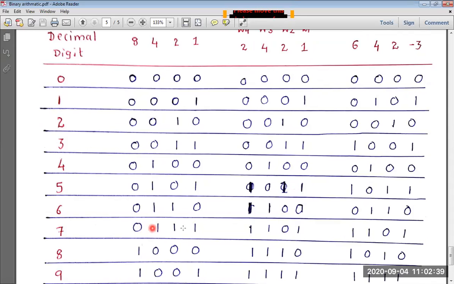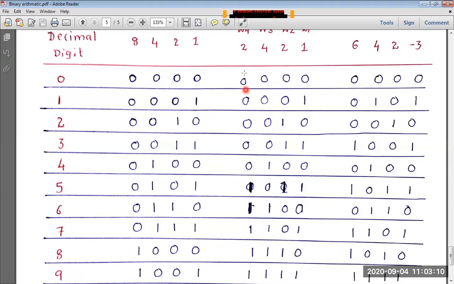Take another example. For the decimal digit 7, let's see what is its equivalent in 2421 code. In the fourth place we are writing 1, in the third place 1, in the second place 0, in the first place 1. Let's obtain the number. Each digit is multiplied with its weight.